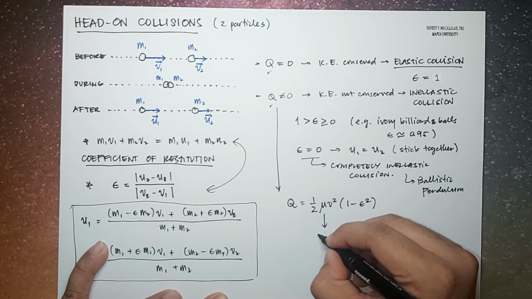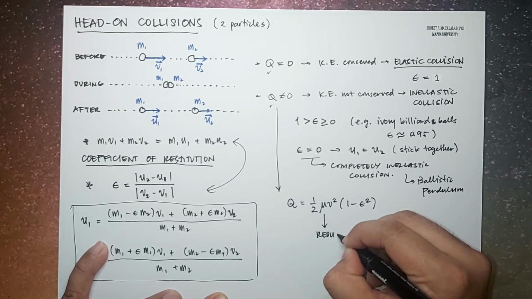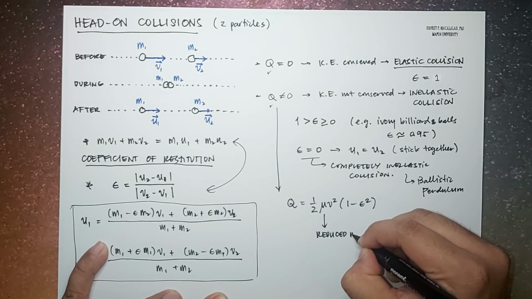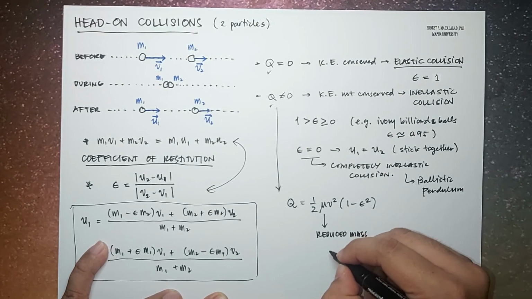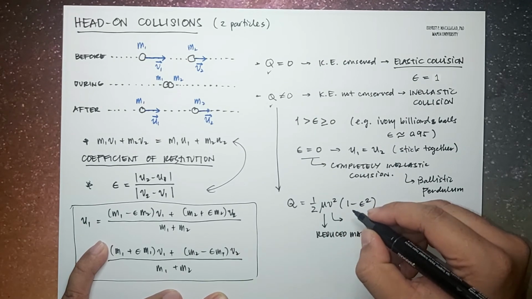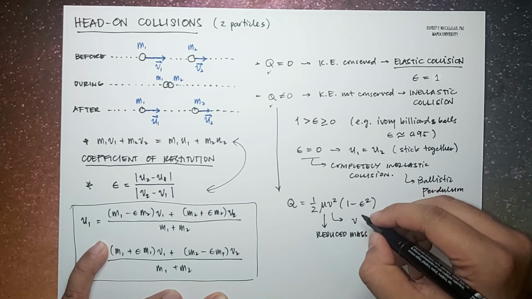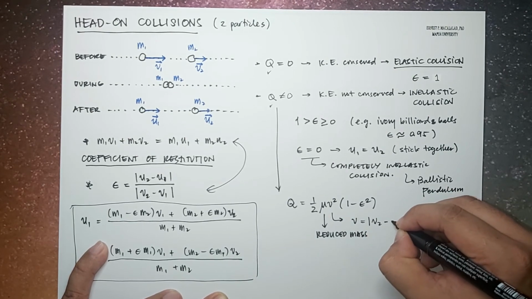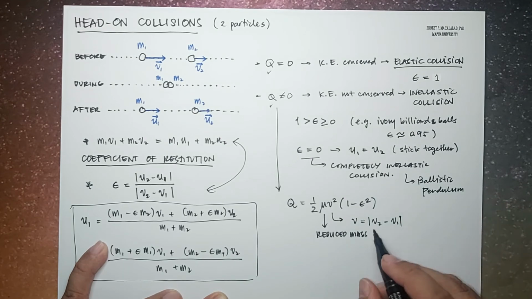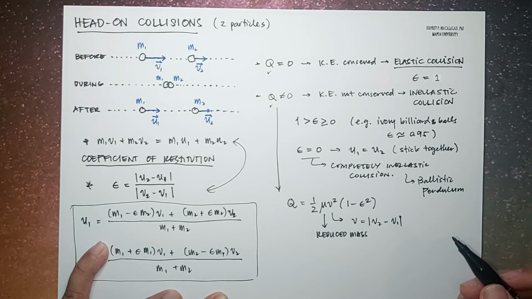Here, mu is what we call the reduced mass, and v is the speed of approach, which is equal to v2 minus v1. So these are your relative speeds before impact.